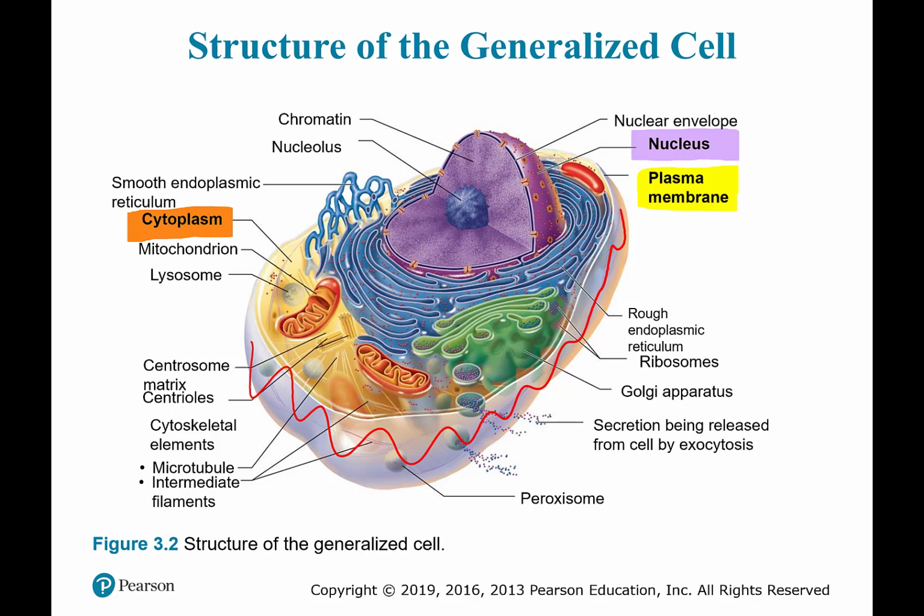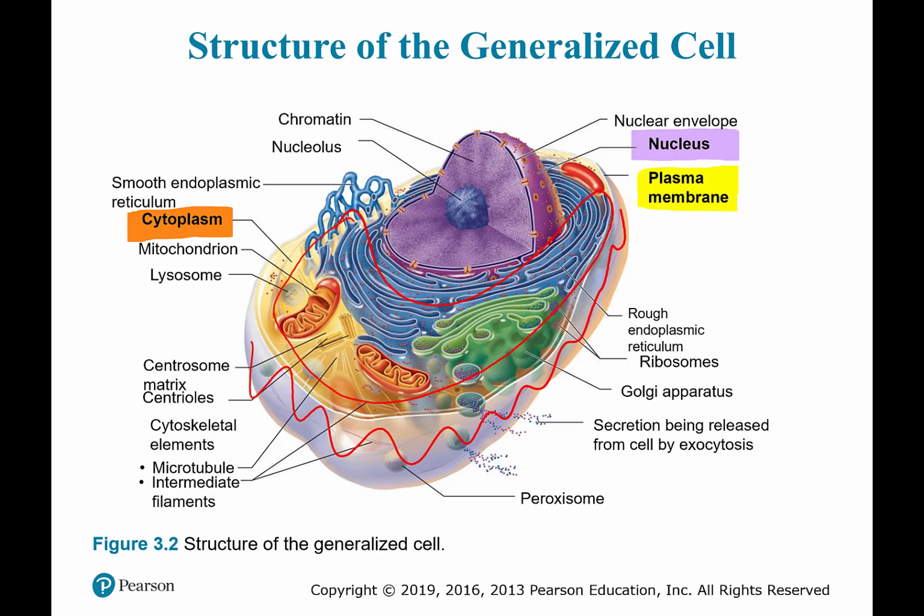The cytoplasm is in between the plasma membrane and the nucleus, and it has a lot of different organelles inside of it. Each organelle has a different function, kind of like under our skin, we have different organs that do different things for our body.